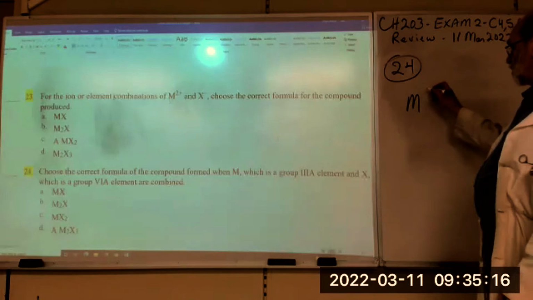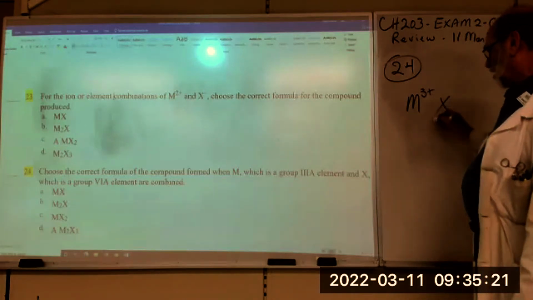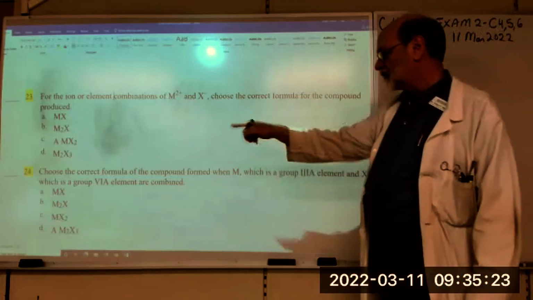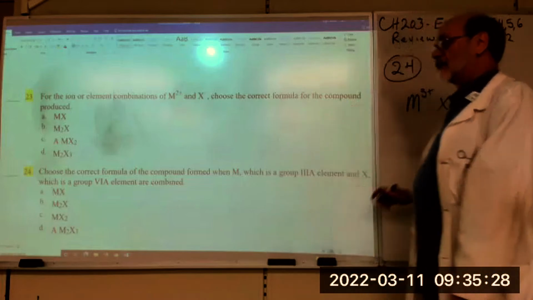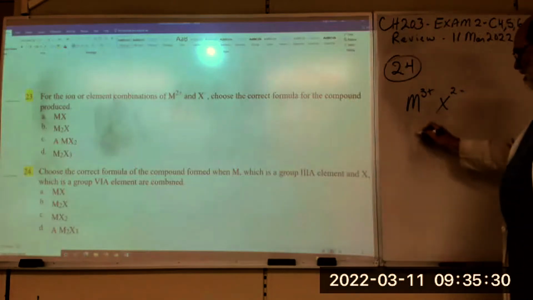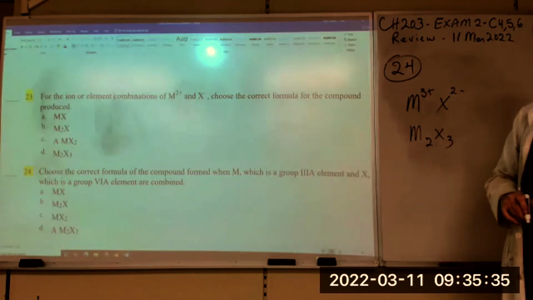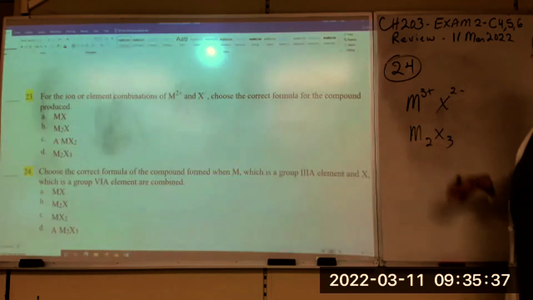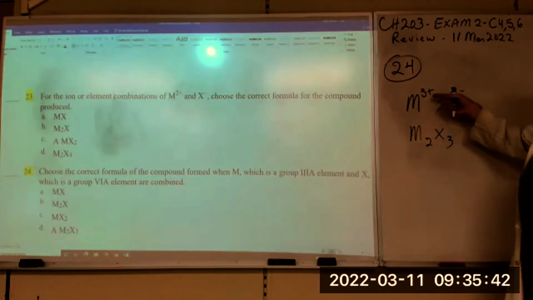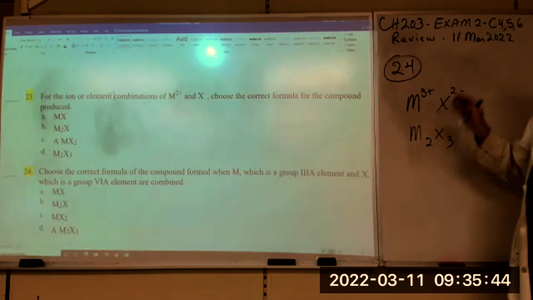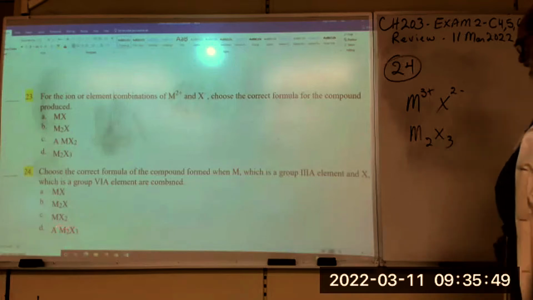One of those has a 3 plus charge. And X is in 6A. 6A is the chalcogens, so it'll have a 2 minus charge. So that formula would be M2X3. Just 3 over here, 2 over there. And you can check yourself. Minus 2 times 3 is minus 6. Plus 3 times 2 is plus 6. They balance. And in this case, D is the answer.